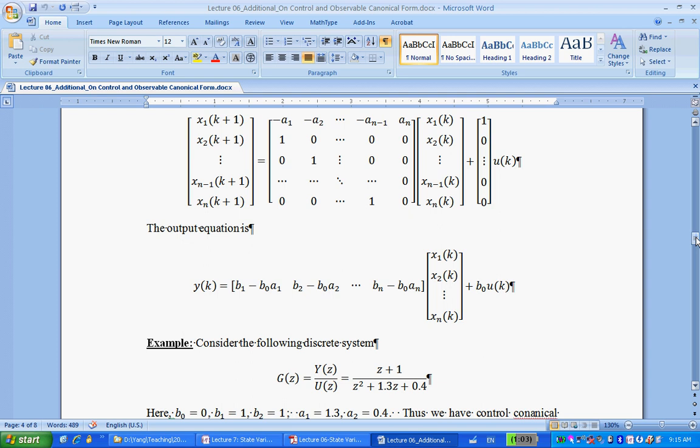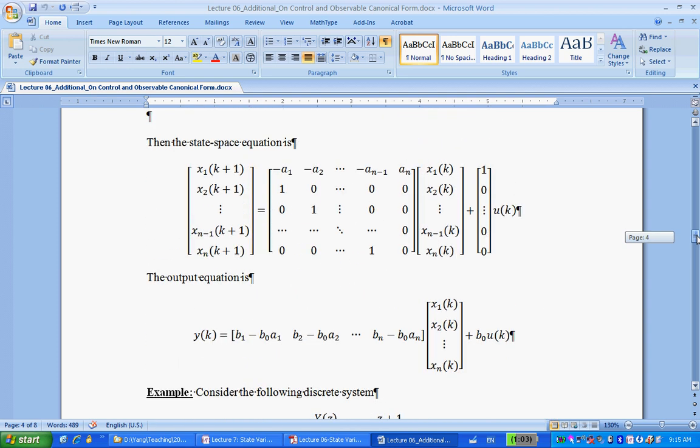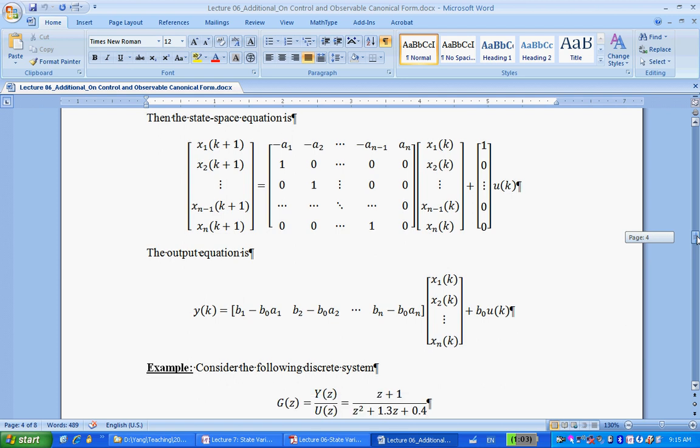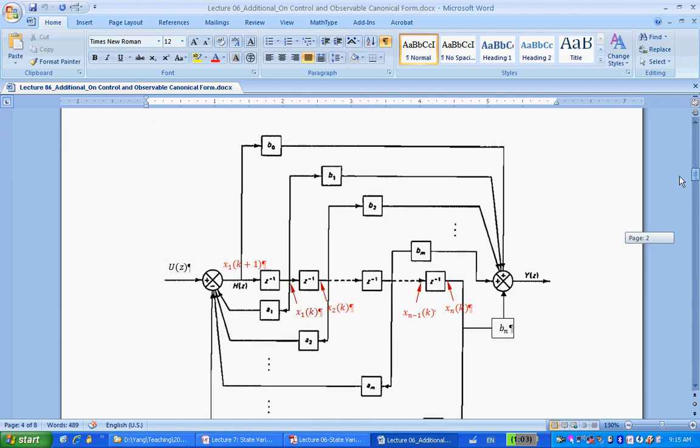Those are the two main canonical forms that we're going to use in this lecture. There are 2 different standard control canonical forms. It depends on how you define your state variables. If you reverse the order, you get 2 different ones.